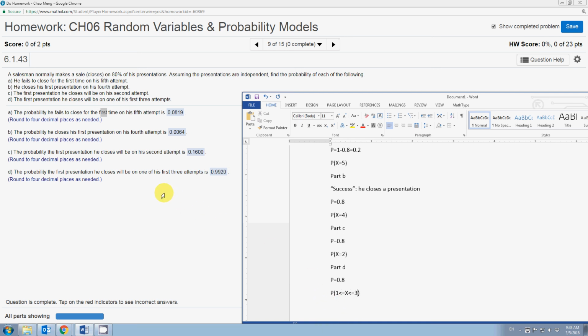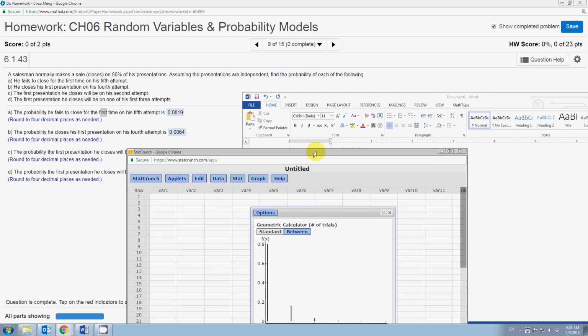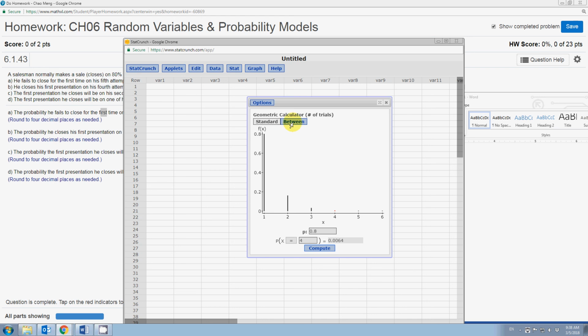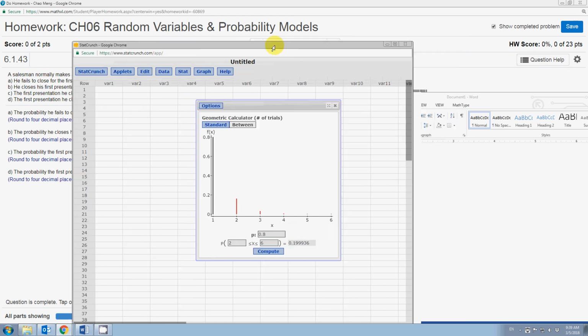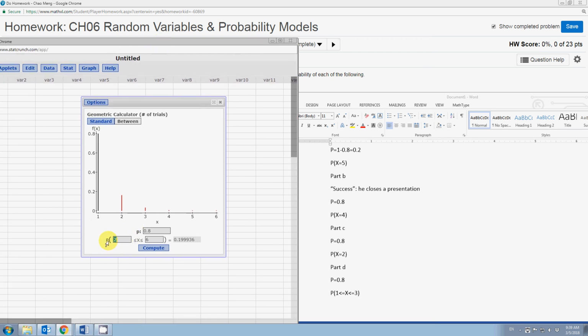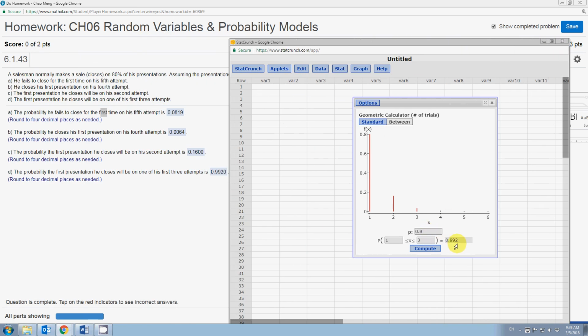We need to translate this English into mathematical form. Let's go to StatCrunch and click this Between option. P is still 0.8, but the 2 boundaries are 1 and 3. So the probability is 0.992.